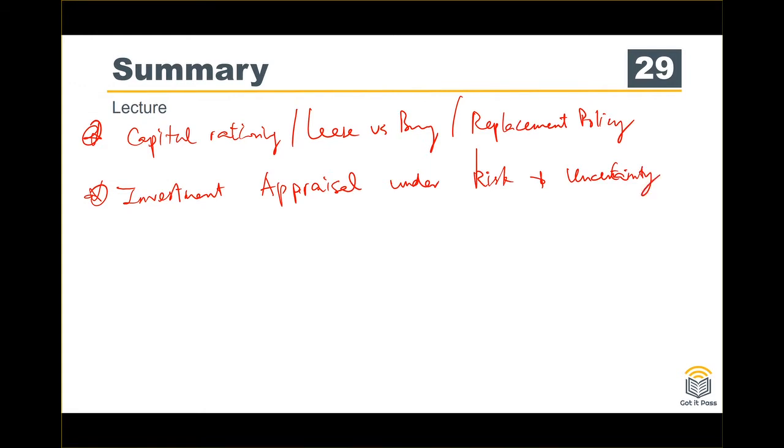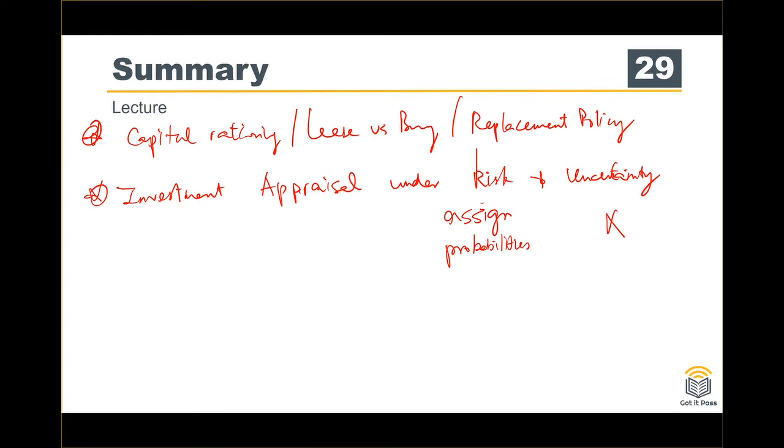Okay, under risk and uncertainty, we share with you what is risk. Risk is when you can assign the probabilities. You can work the math on it, but for uncertainty, it cannot be done.